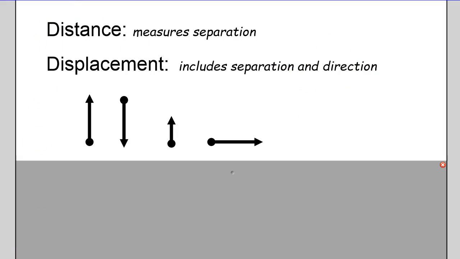If we take a look at these two arrows, we can see that they seem to have the same length. The distance from the head to the tail seems to be the same. Here's the head and here's the tail for this one.